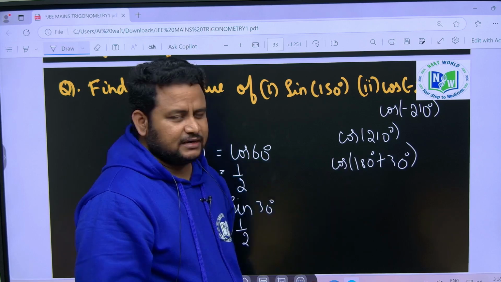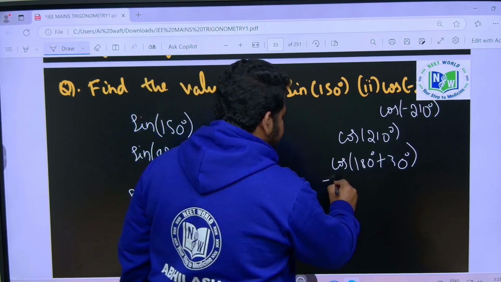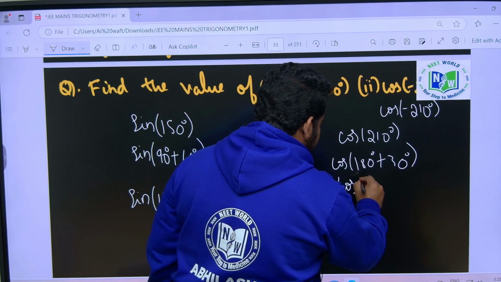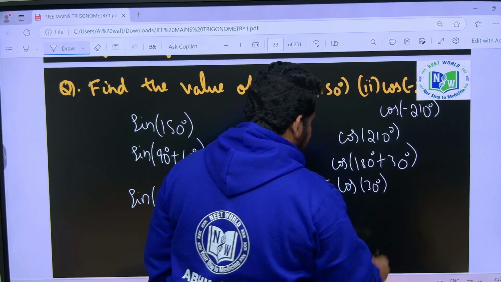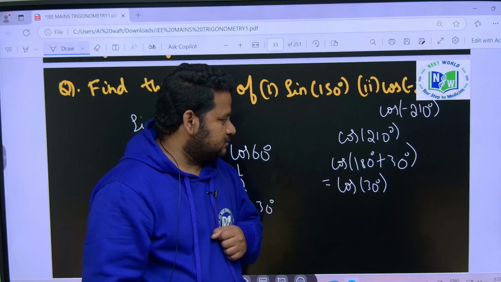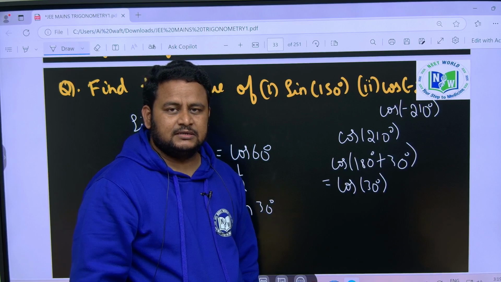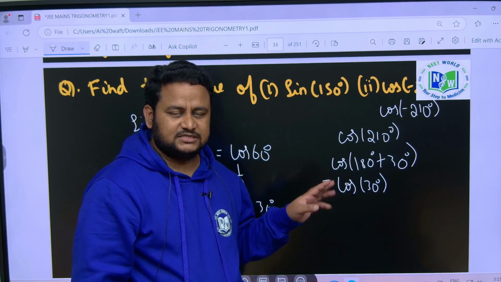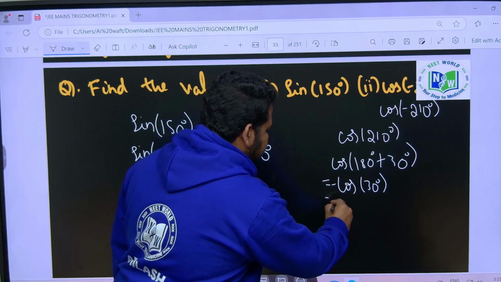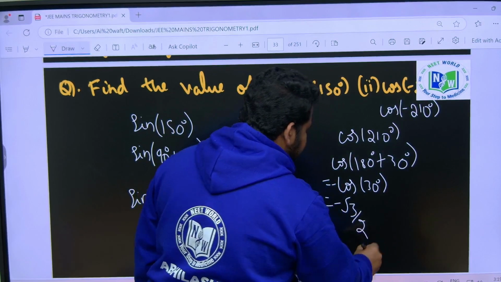When it is even, it is positive, so cos will remain cos itself. But 180 plus 30 is going to the third quadrant. In the third quadrant, ASTC, tan is positive, cos and sin are negative. So we get a minus outside. This will be minus cos 30. Cos 30 is root 3 by 2, so the answer is minus root 3 by 2.